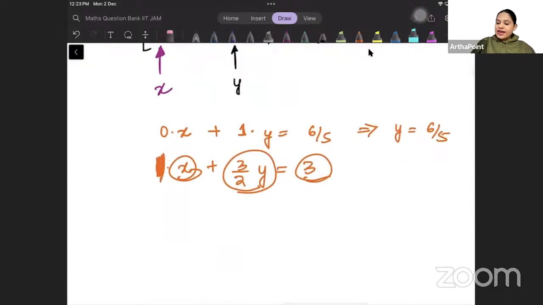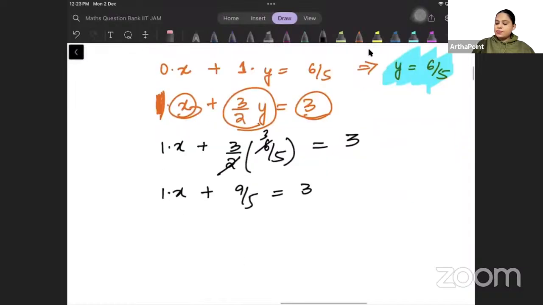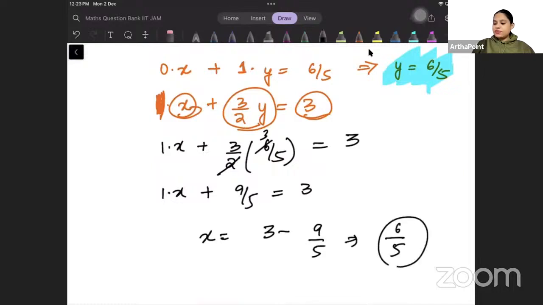And you will put Y as 6 by 5. So 1 into X plus 3 by 2 times 6 by 5 equal to 3. 1 into X plus 9 by 5 equal to 3. X is equal to 3 minus 9 by 5, which is 15 minus 9, so 6 by 5.